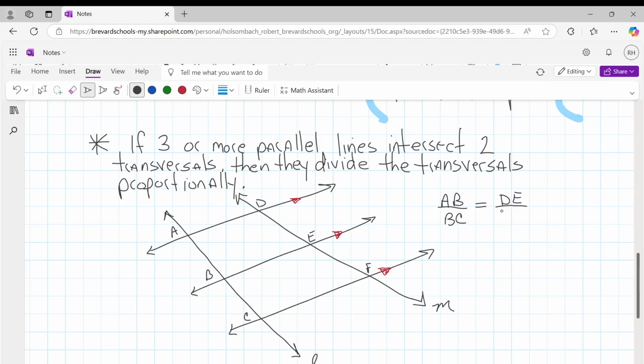DE over EF. Very good. All of these pieces are going to be proportional.